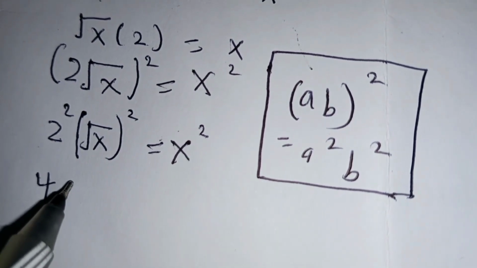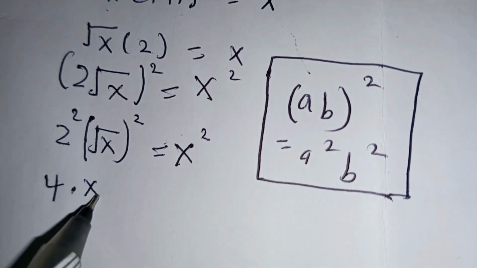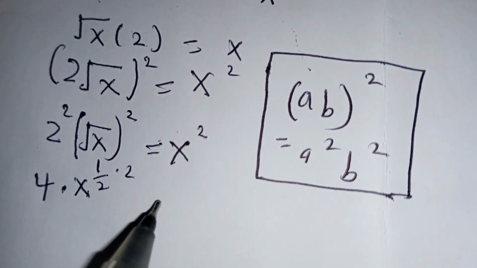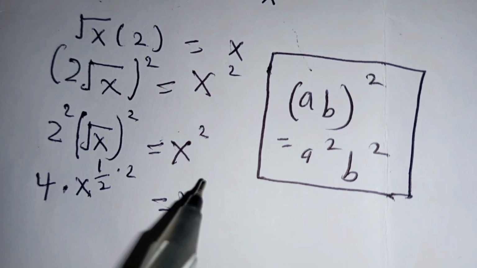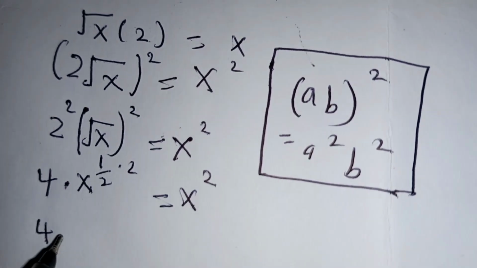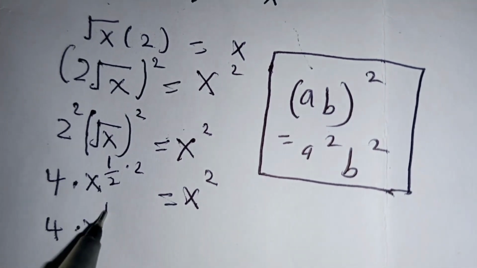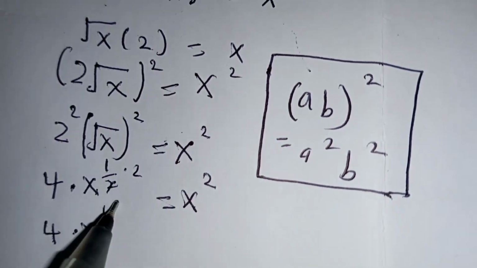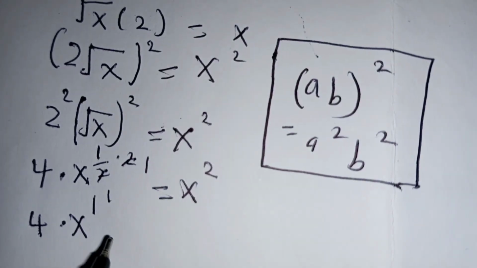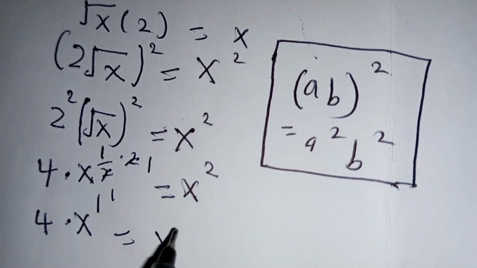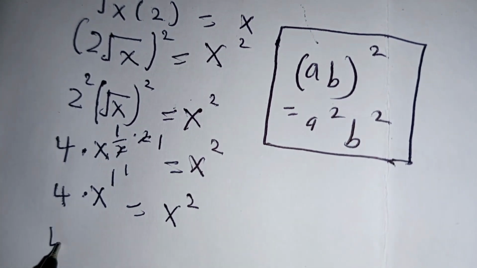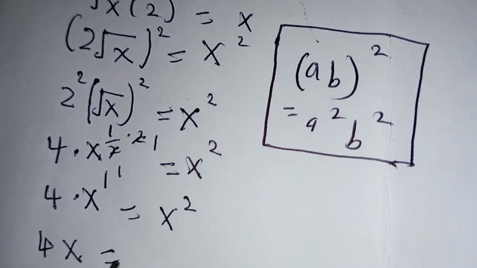Square root of x can be written as x to the power half, multiplied by 2, which is equal to x squared. This is 4 multiplied by x to the power of 1 because 2 will cancel with the 2. 2 divided by 2 is 1. This is equal to x squared. 4x is equal to x squared.